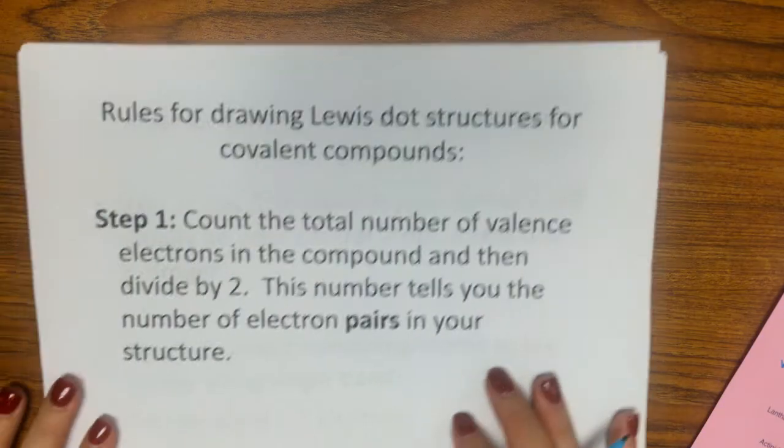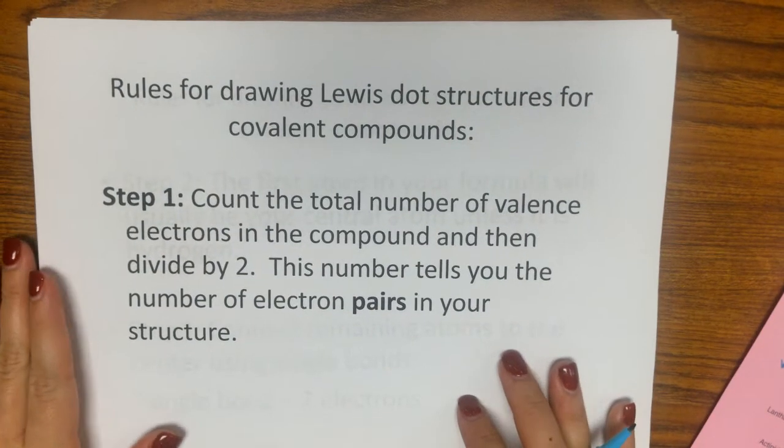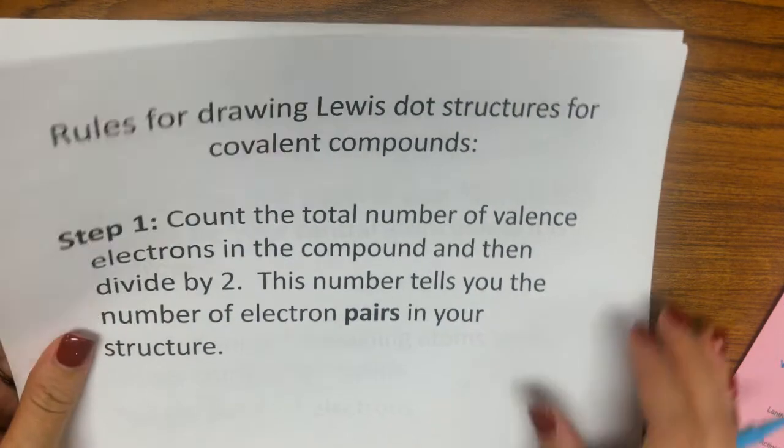So I want you to have your periodic table out, and then the parts of the notes that start with, hold on, this, rules for drawing Lewis dot structures for covalent compounds.